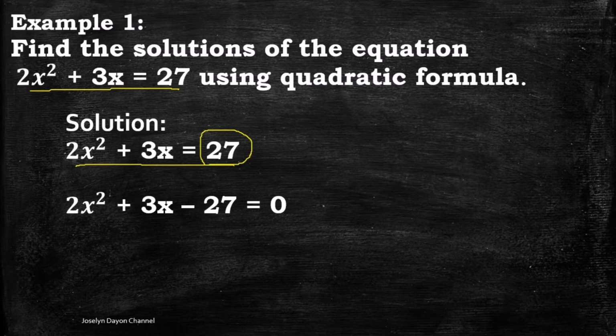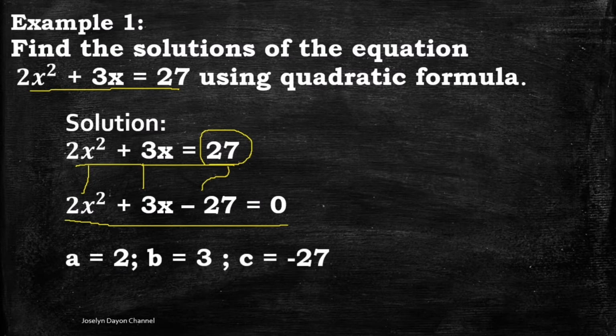We have to transpose it to the left side of the equation. Once 27 is transposed to the left side, it becomes negative 27. So you just bring down 2x squared plus 3x. The resulting equation now is 2x squared plus 3x minus 27 equals 0.